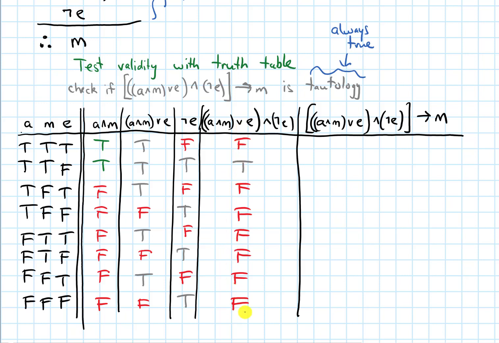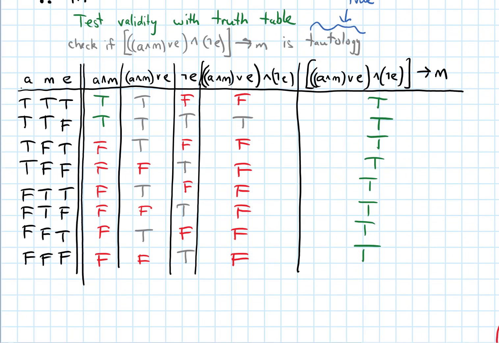So the first part of the implication is only true in this 2nd row, and M in that 2nd row is true, so that makes the implication true. Okay. In every other row, the first part of the implication, this whole thing, is false. And if the first part of the implication is false, the whole implication is still true. Okay, so we're going to get a bunch of trues in all of these.